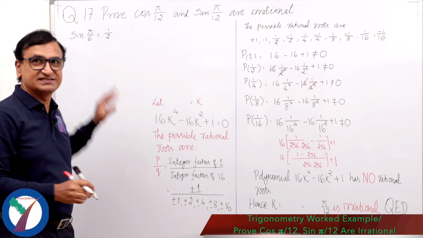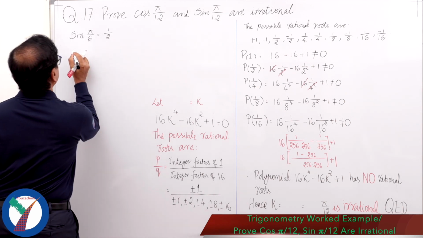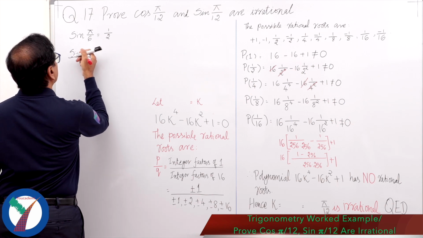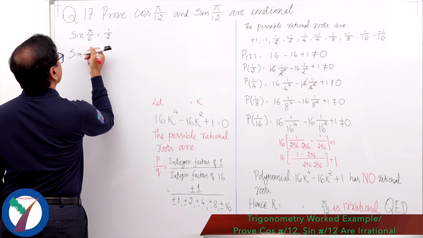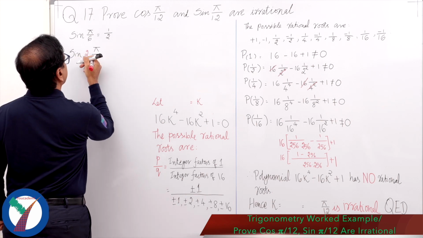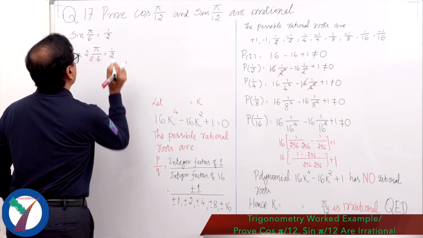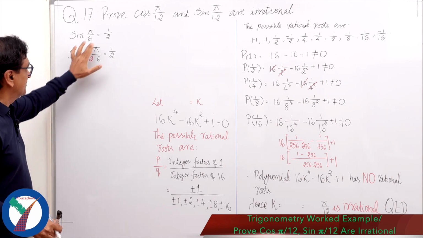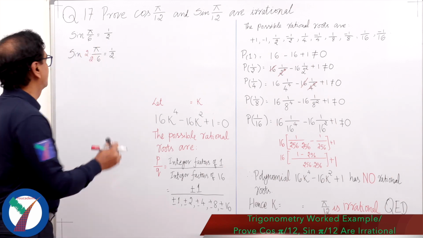And I'm going to write sin pi by 6 as sin 2 multiplied by pi by 12 equals 1/2.